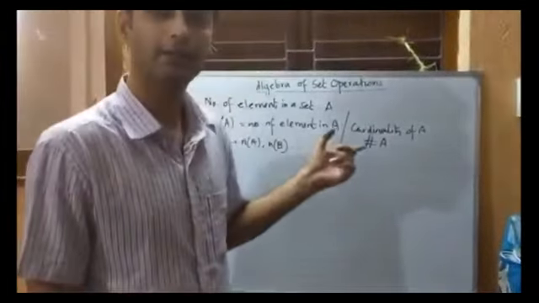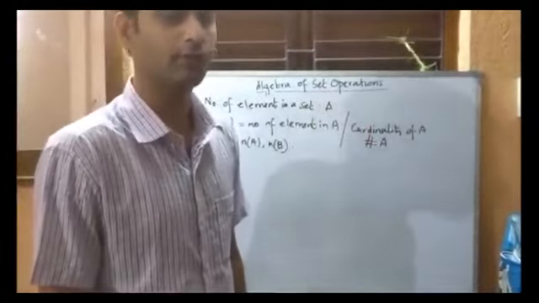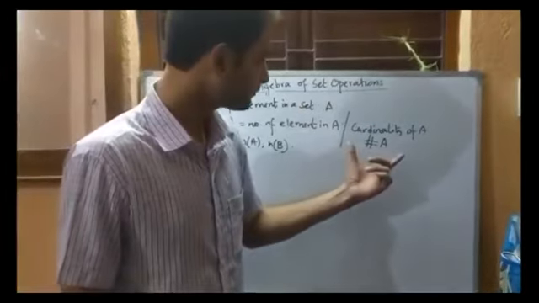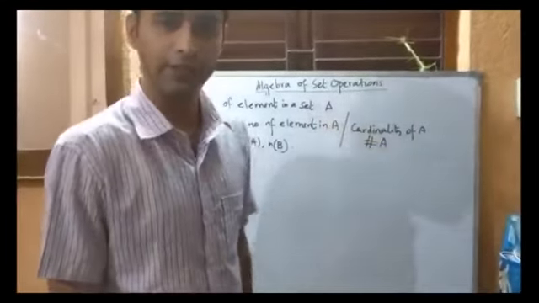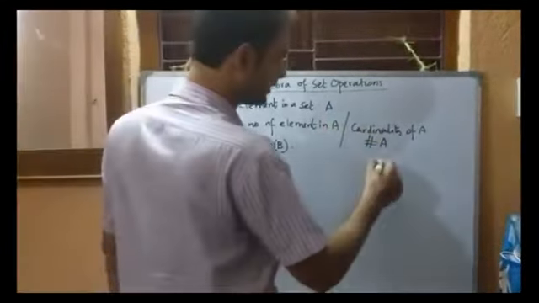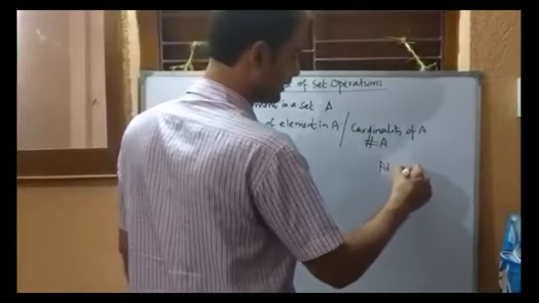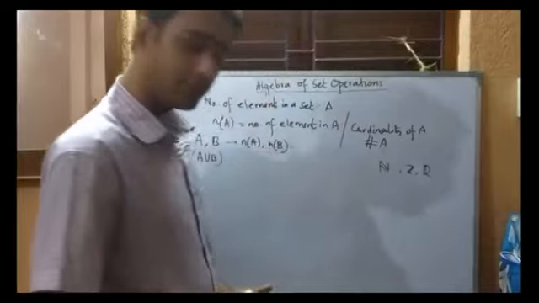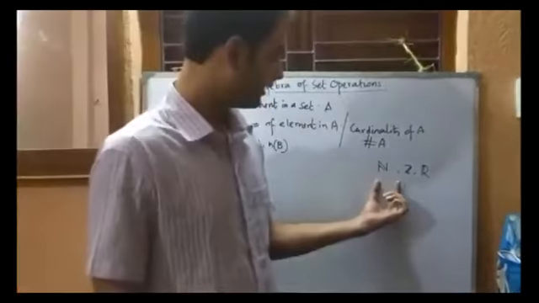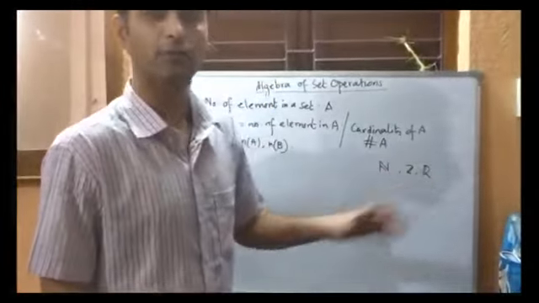I have said in the first day introduction video that the basic aim of set theory was to find the size of infinity. Like if we consider the sets N and Z and R, all these three are infinite sets, but N and Z are countable sets.